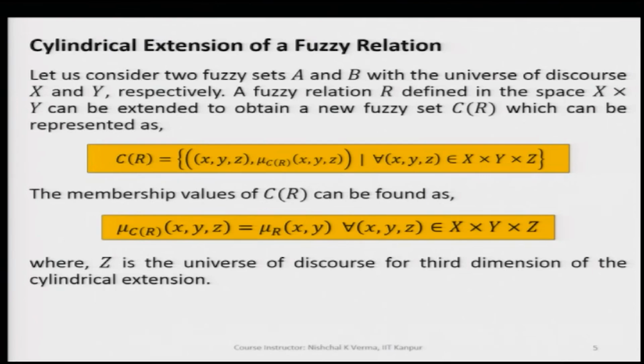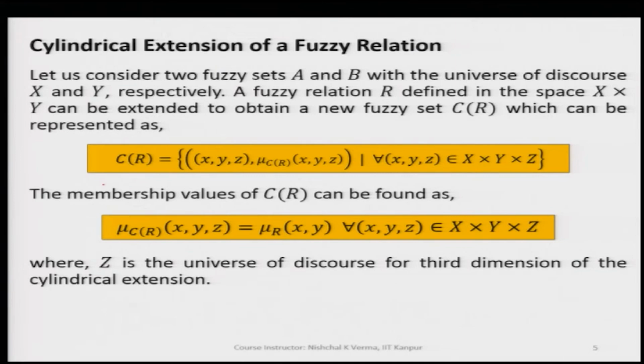Now, if we have fuzzy relation sets, then what will happen? On the same lines as we have discussed the cylindrical extension of fuzzy sets A, B, we can apply the cylindrical extension on the fuzzy relation set as well.